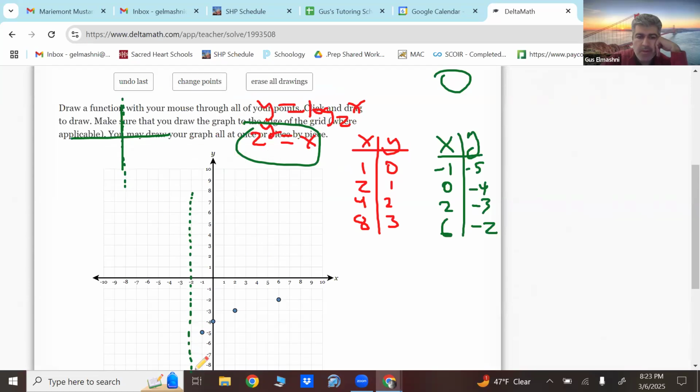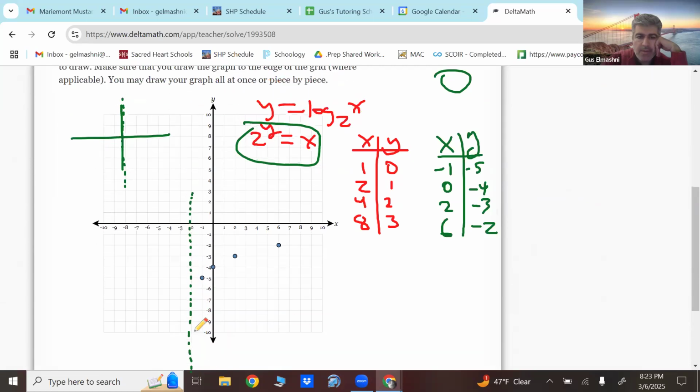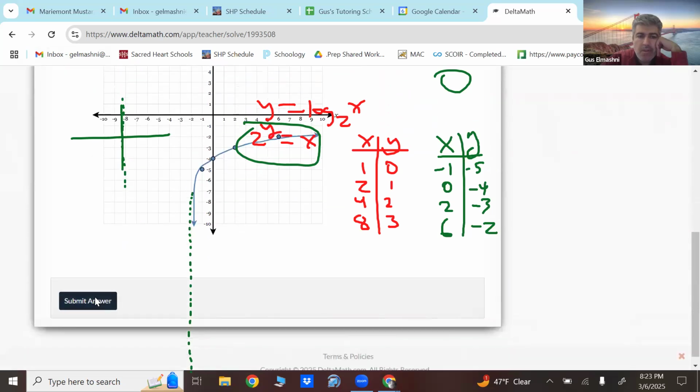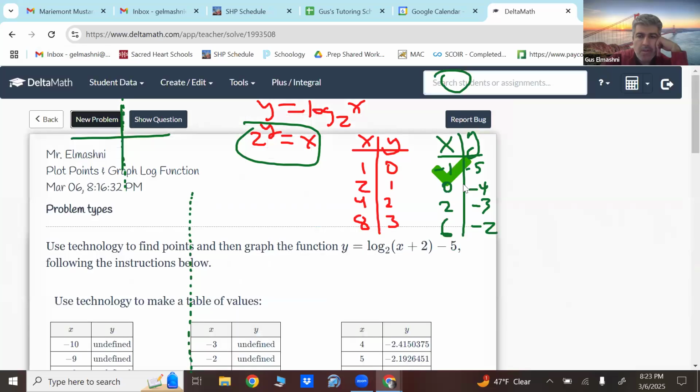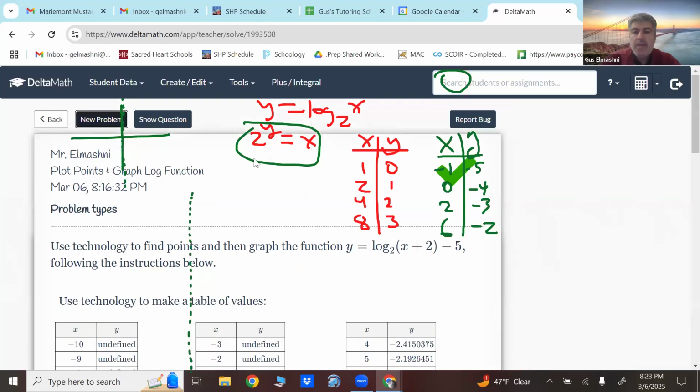So now I'll graph this. There we go. Okay, so let me stop that recording. I'll just call it graphing the logs.